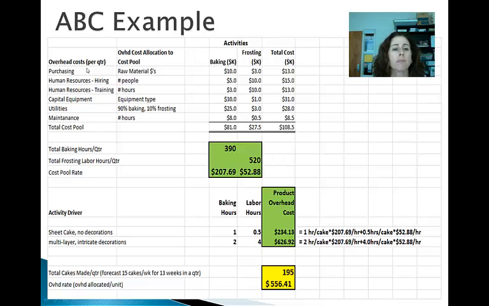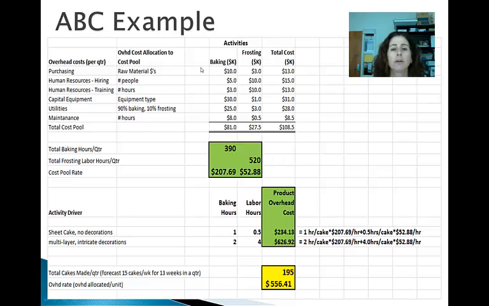We have purchasing as one of our overhead costs, and after some analysis, which takes time, effort and thought, but we're just jumping to it here, of what drives the purchasing agent's activities, we see that the dollar amount we spend on raw materials is what drives their activity.